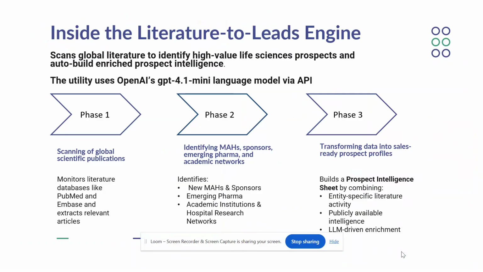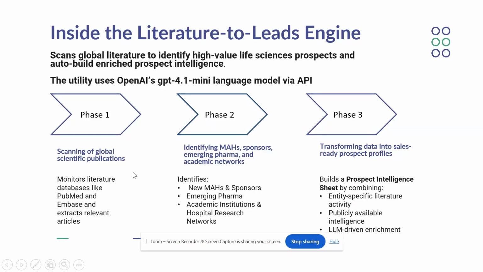This is a multi-phase approach. The goal is that the utility should scan the global literature, identify high-value prospects, and build enriched prospect intelligence. It uses OpenAI's GPT-4.1 via API.